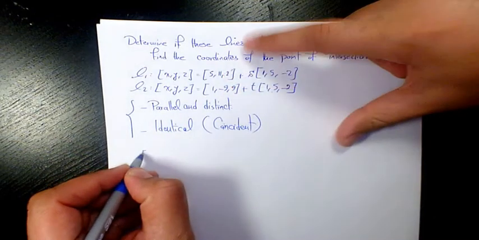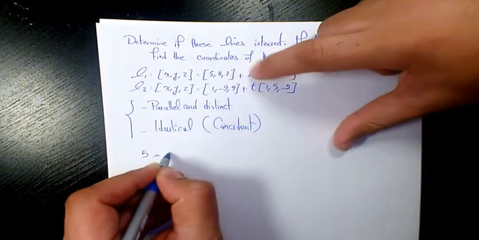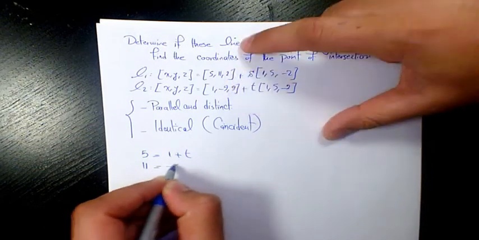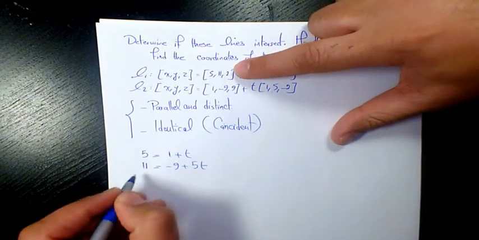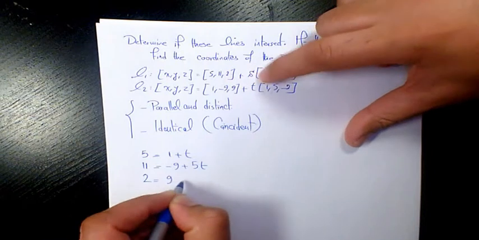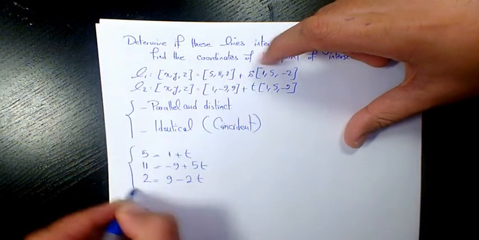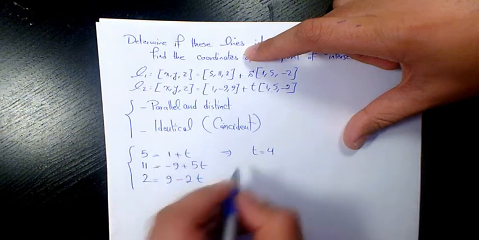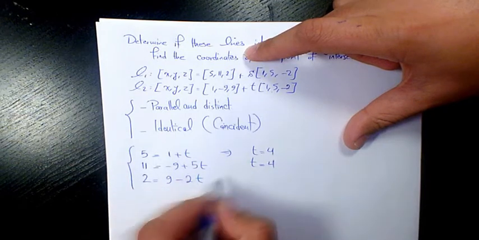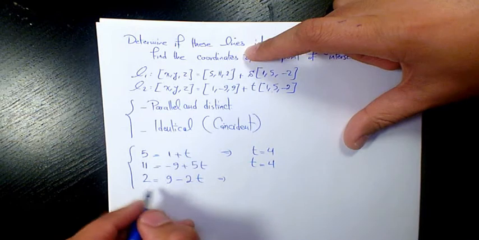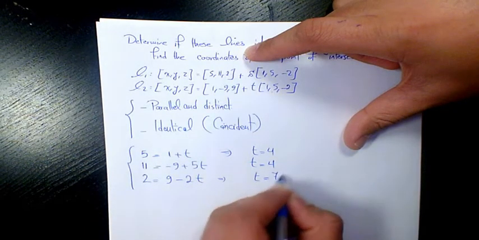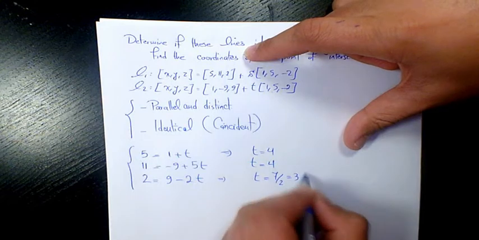So 5 equals 1 plus t, 11 equals negative 9 plus 5t, and 2 equals 9 minus 2t. For the first one, t equals 4. For the second one, t equals 4. And for the third one, t equals 7 over 2, or 3.5.